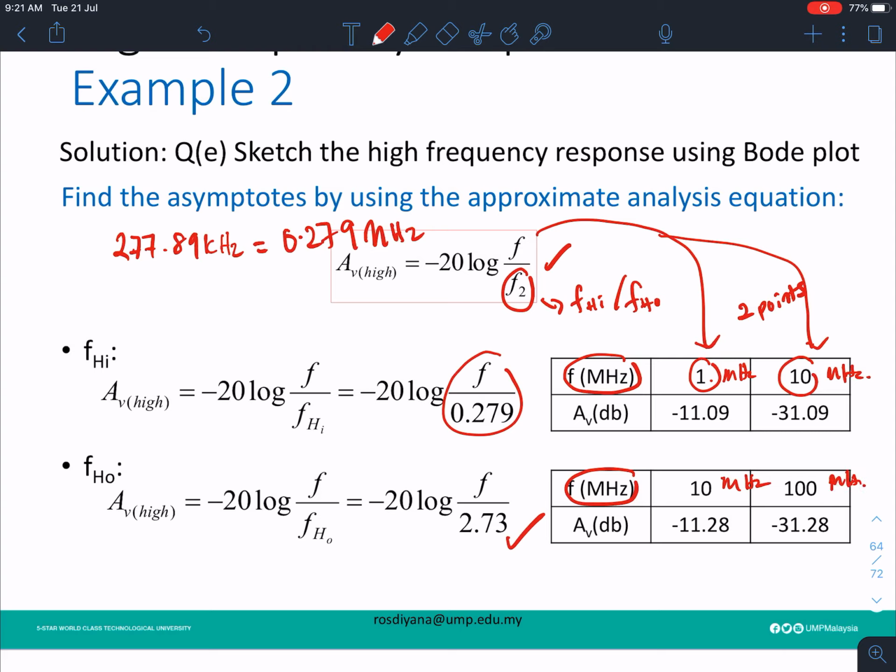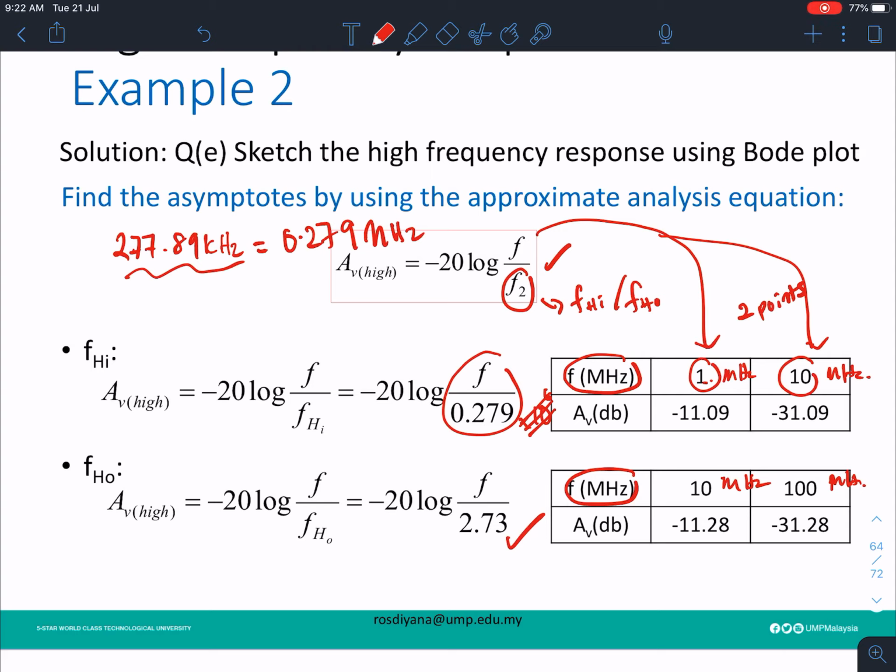So when I read the value for FH in, 0.279, it is actually from 277.89 kilohertz. Then when you calculate the log of this frequency, do not include the megahertz or 10 power of 6. Just remove it and divide the frequency.